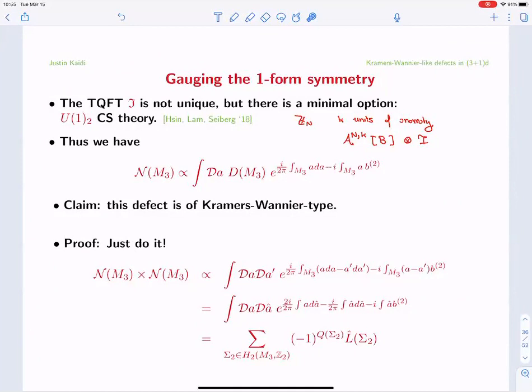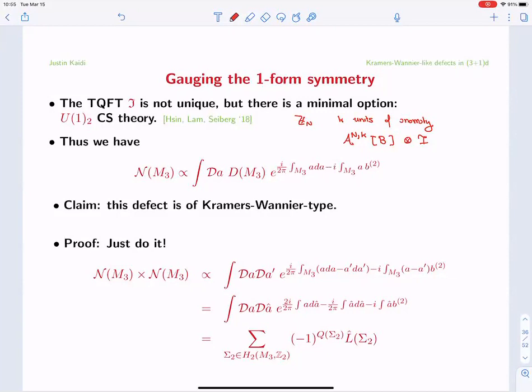I guess you can get rid of the framing anomaly presumably by stacking with some decoupled theory. So I don't think it's going to be important. Let me just leave it at that. Thanks.